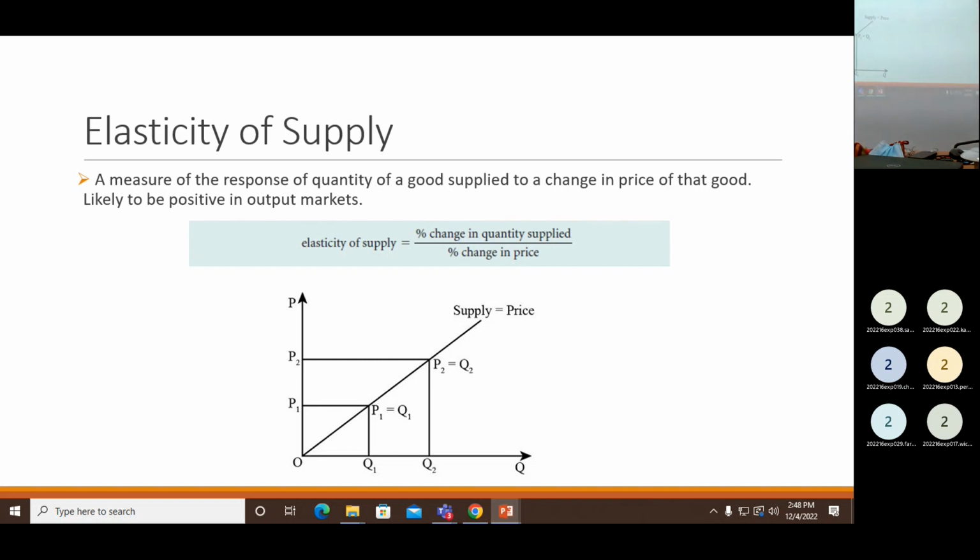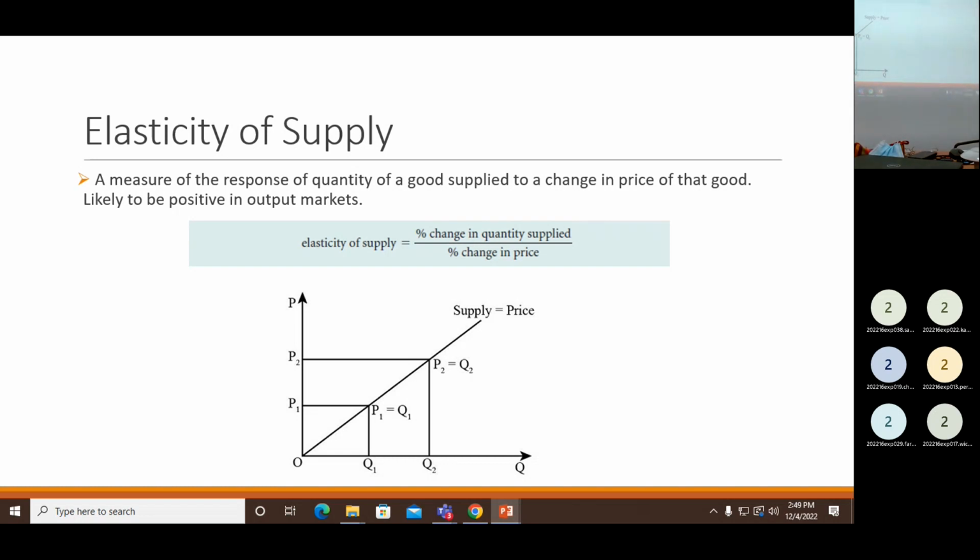In an output market, this is how you calculate elasticity of supply: percentage change in quantity supplied for a percentage change in price. When price increases from P1 to P2, quantity will increase from Q1 to Q2.